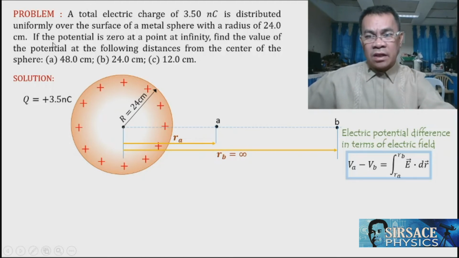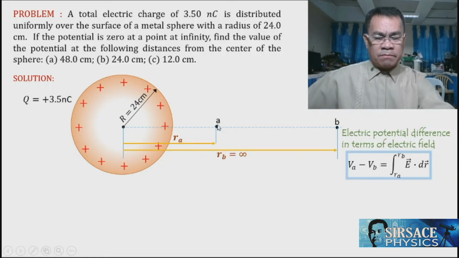Because take note, the potential is 0 at the point of infinity. So therefore, this will be our potential B. So we now have the potential difference. RA is our initial, and RB is our final. In the final, it has a low potential, so it is approximately 0.